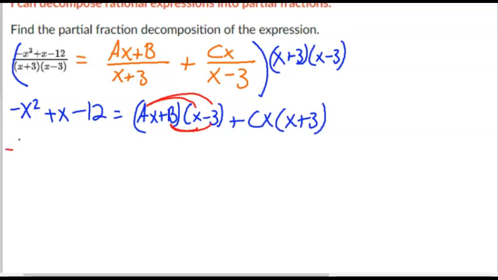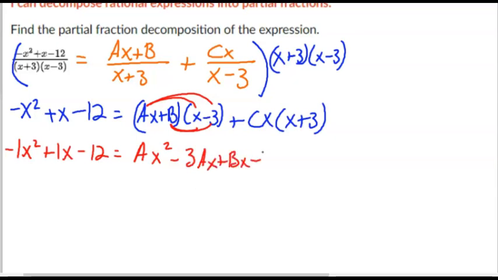We have negative 1x squared plus 1x minus 12 equals ax squared plus, or actually minus, 3ax plus bx minus 3b plus cx squared plus 3cx.